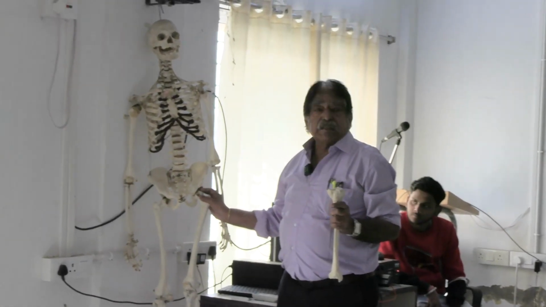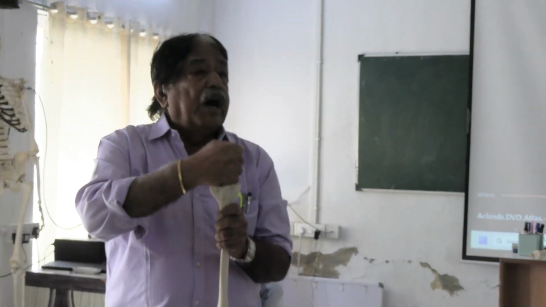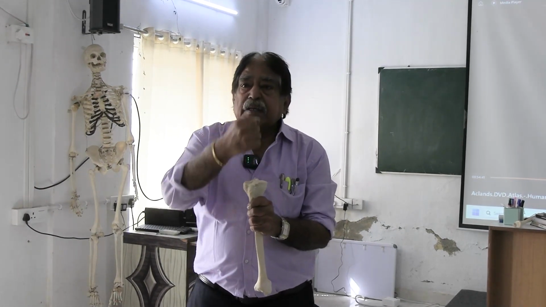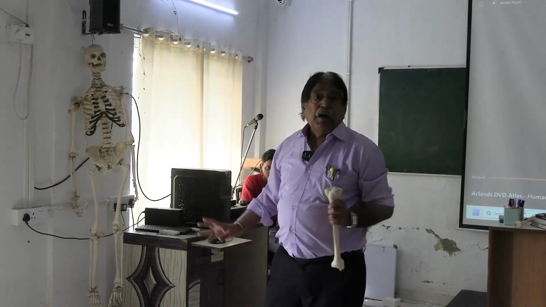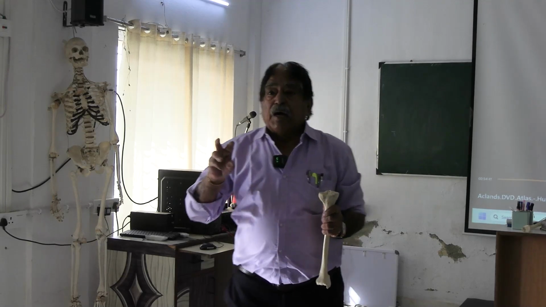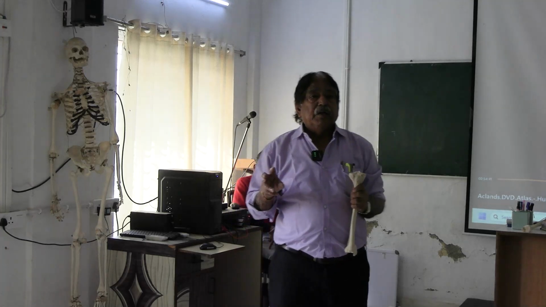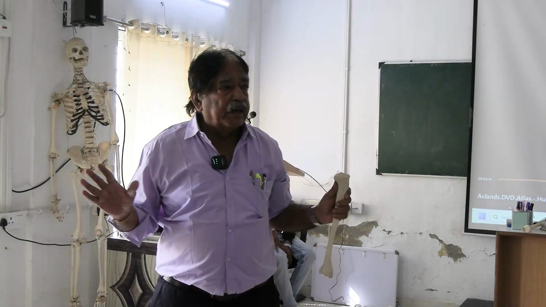The femoral condyles, the lower end of the femur, articulate with the upper end of the tibia to form the knee joint. Similarly, the head of the femur articulates in the acetabular cavity, the socket, to form the hip joint. Am I clear?